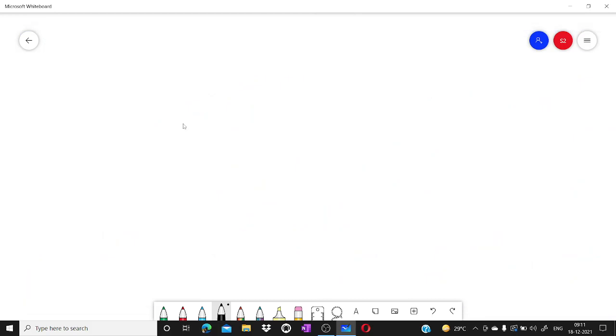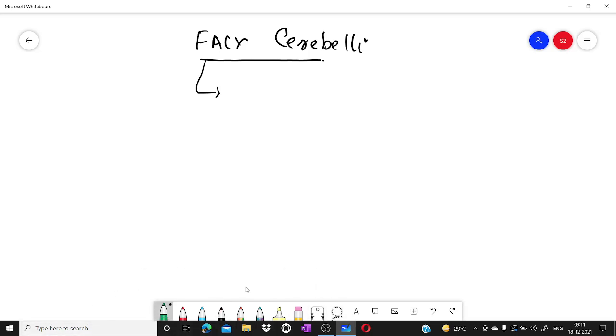Now our next dural fold is the falx cerebelli. I will draw the attachment of the falx cerebelli first. Before that, I have to draw the tentorium cerebelli here.